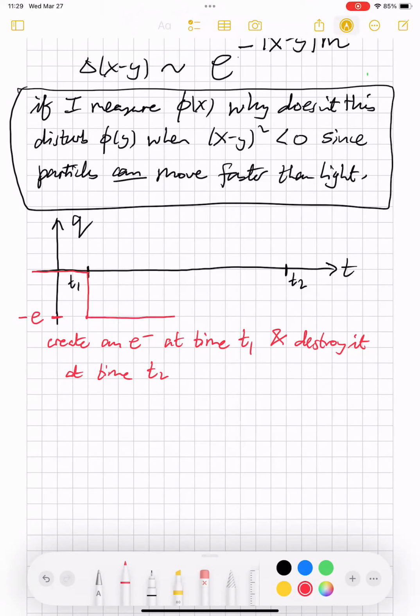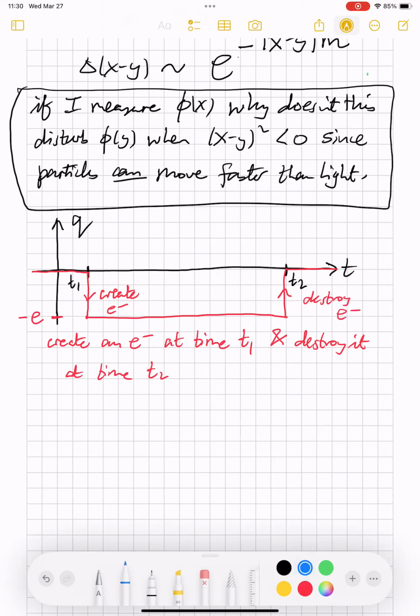Then I keep going at this charge, it remains constant, until time t2, when I destroy the electron. When I destroy the electron, I get rid of a charge minus E from the universe, and I go back to a charge of 0. So this drop over here will happen whenever I create an electron, and this jump up over here will happen whenever I destroy an electron.